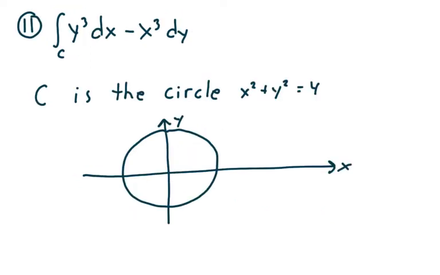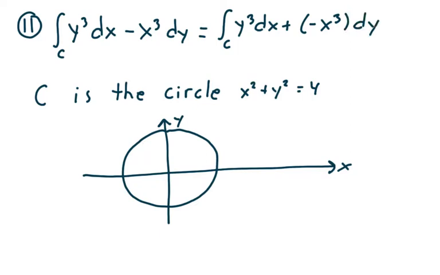Number 11. Suppose I have the integral over c of y cubed dx minus x cubed dy. Now, by the way, I would perhaps recommend writing this as the integral over c of y cubed dx plus negative x cubed dy.